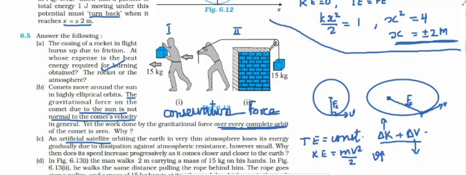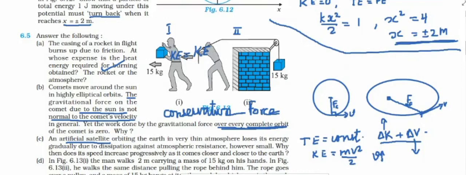Therefore, as he is in motion, there is kinetic energy. So kinetic energy in both cases is equal. Why equal? Because he is moving with the same speed, carrying the load. Now look at the second case.